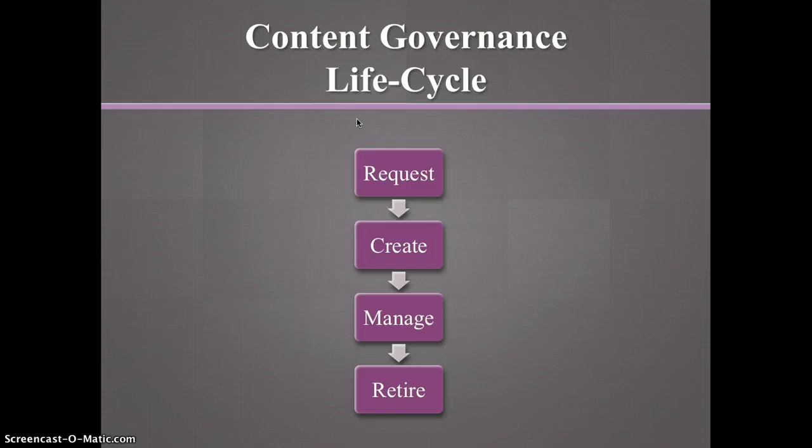There are 4 stages to the life cycle of content governance, and they're here on the screen: request, create, manage, and retire. Now, the request phase is all about understanding the requirements that are needed to improve the user's experiences when dealing with the content on your web page.